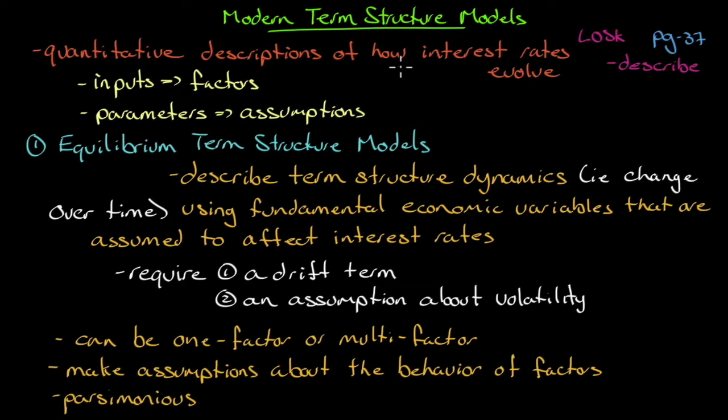So let's look at two categories. We'll look at equilibrium term structure models and arbitrage-free structure models. A warning up front, well, not a warning, a limitation. Notice that the learning objective says describe, to describe. It's very hard to describe these abstractly without showing you the model itself, the variables and the parameters of the model, and looking at the model and describing the model.